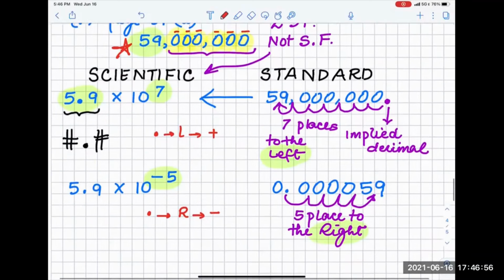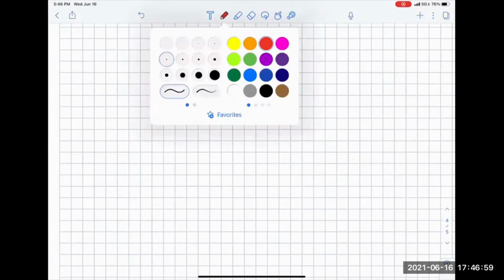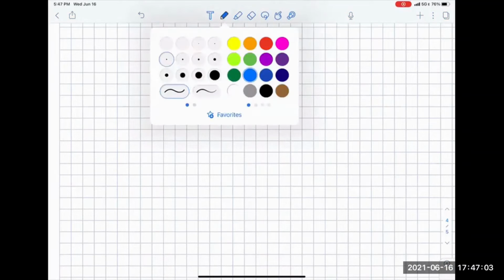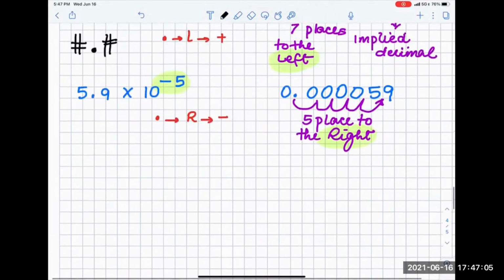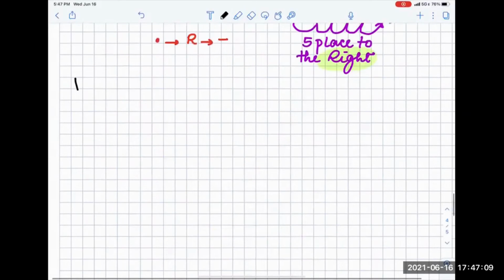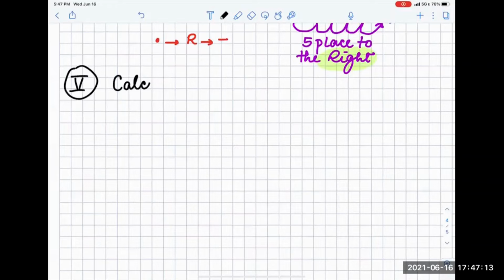Now let's look at the computation. So this was 5. Or calculations that relate to the significant figures. Now, two types of calculations.